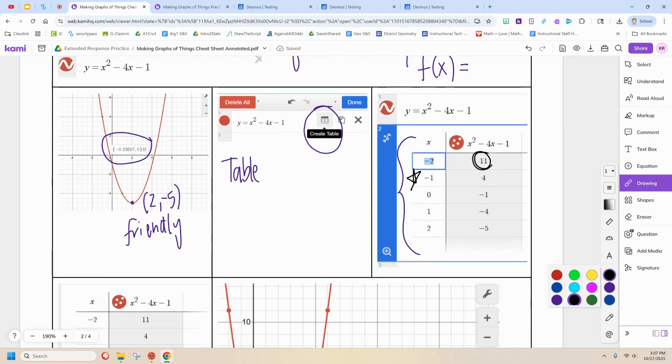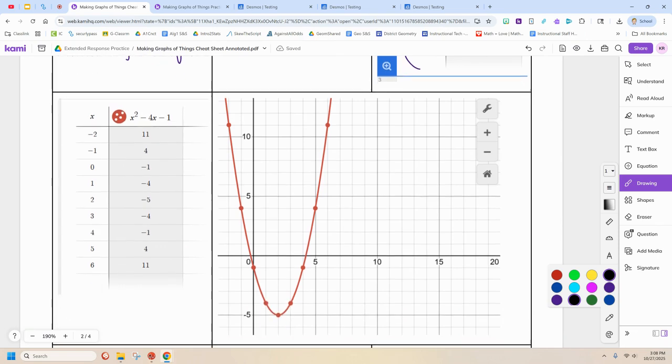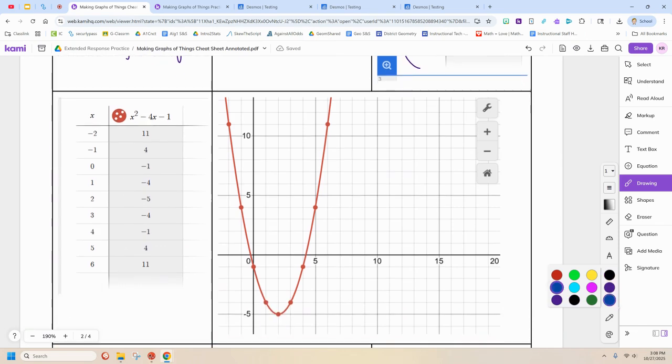But as you're looking through this, I have 4, -1, -4, -5, and nothing else. So you want to keep adding points into your table. And I kept going till I got back to the number 11. So I extended and I put in 3, 4, 5, and 6.